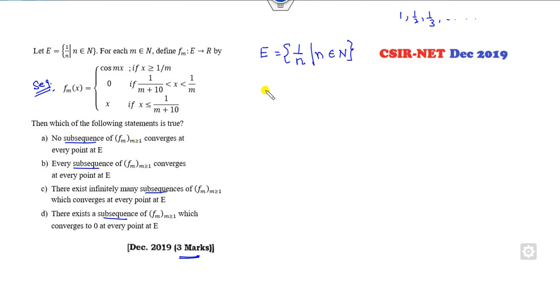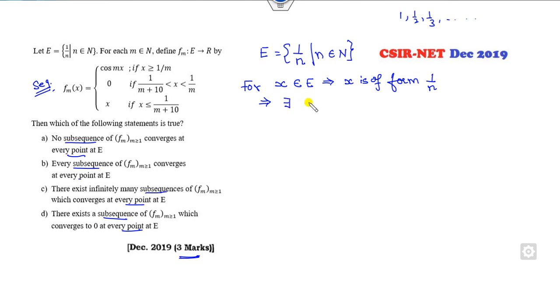I think it is very simple. Okay, for every point, if I take any point x belongs to E, what is the meaning of that? x is of the form 1 by n. Clear? So what is the meaning of that?